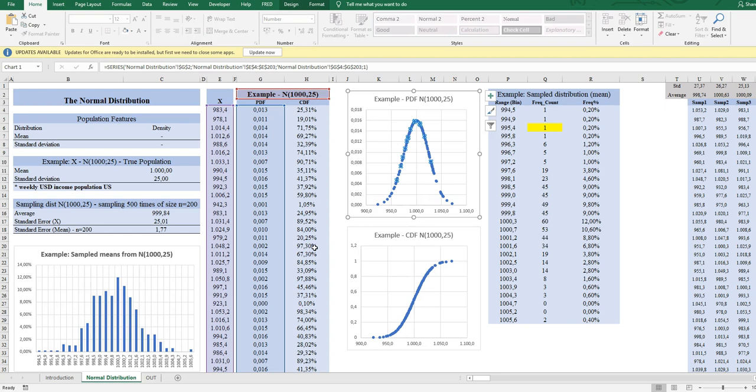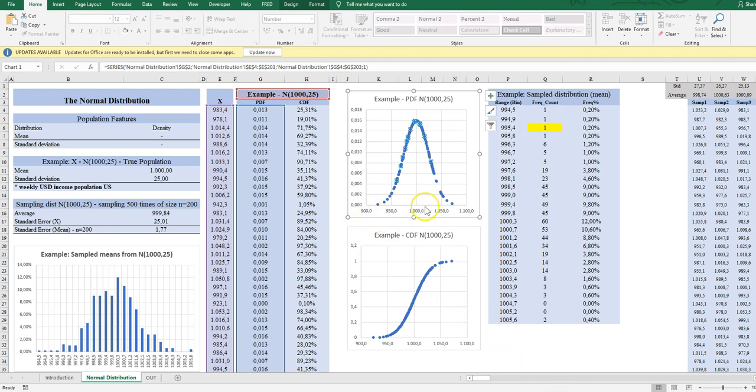Now the normal distribution is a parametric function. That means it's a continuous relationship between what we call on the y-axis the density and on the x-axis the outcome of the stochastic variable. The stochastic variable x, as we most often label it, is governed by a statistical distribution or model, which is the normal distribution.